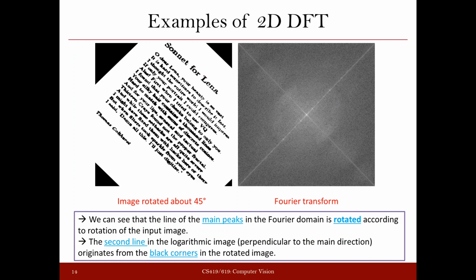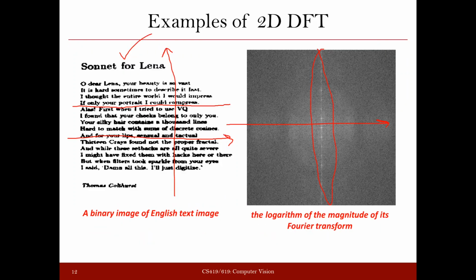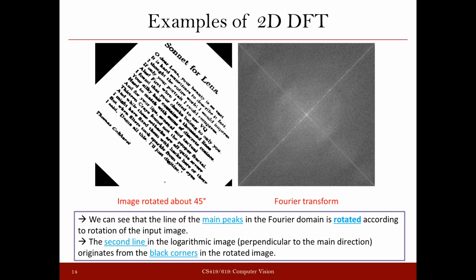Okay. This is another example where the same text is considered, but it is rotated. Now when you are rotating, your major pattern is coming in this direction. So that is why you see your frequency lying on this line, but there are some white lines you see in this direction also, and this is just because on the corner you have a black portion.